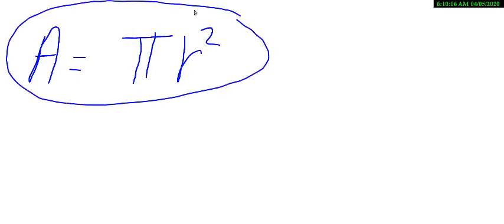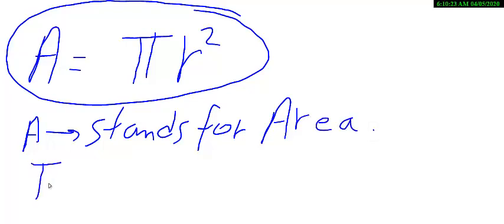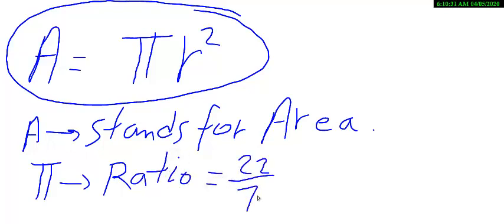So A stands for the area of the circle equals pi r square. Pi r square, and this is the mathematical formula of the area of the circle, and it is measured by squared unit. Where A stands for the area, and pi stands for the ratio, which is 22/7 or 3.14.